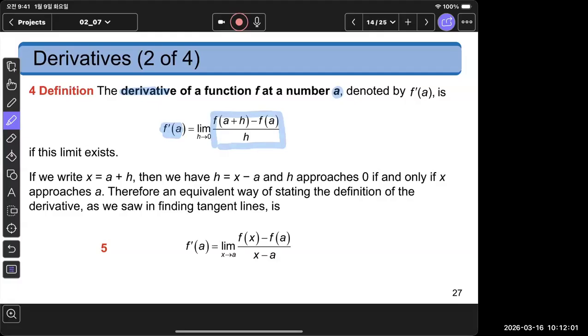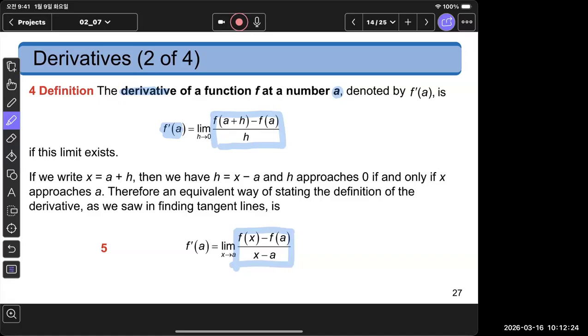If that limit exists, we call that limit the derivative of f at a. Instead of this notation, we may use the limit of this other expression, letting x go to a, to represent the same value.